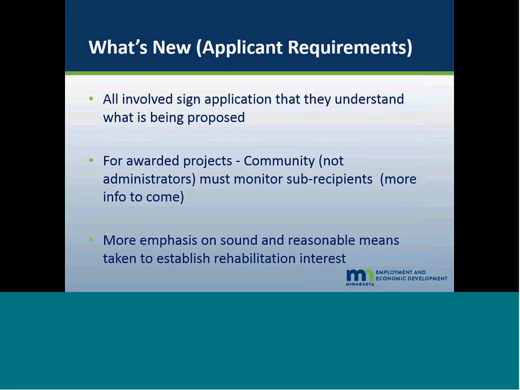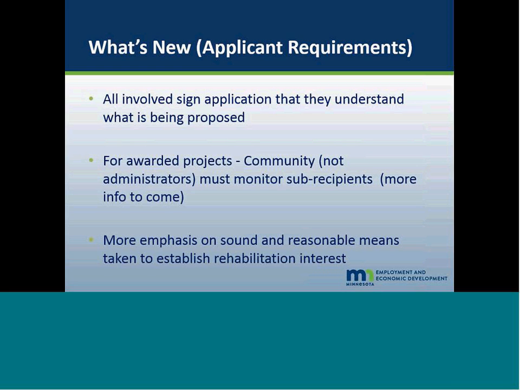Those receiving awarded projects should get together with their auditor to determine what they will need to do to monitor subrecipients. And we will be providing more information on that. This is new for us as well.